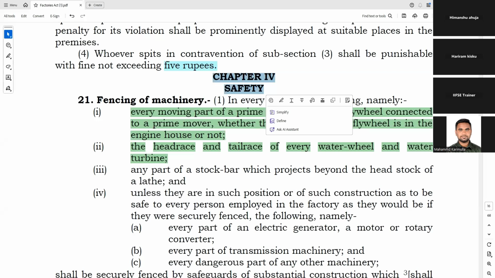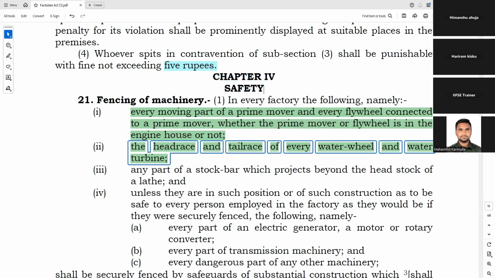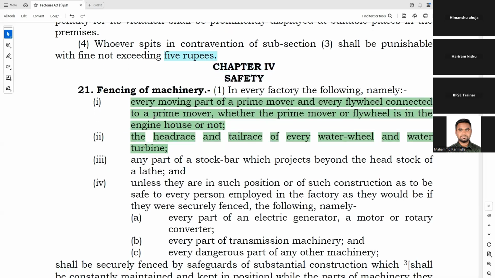Okay. Then when we talk about safety, the section starts from 21, fencing of machinery. So it is nothing but guarding of machineries.